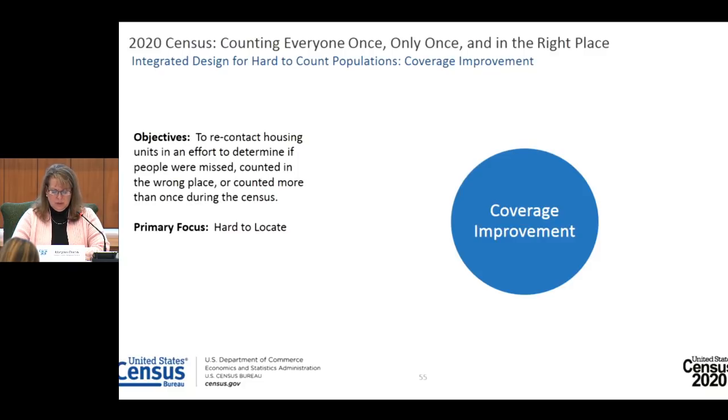The goal of coverage improvement is to resolve potential coverage issues, whether that is because someone has been missed and should be included in the count, or whether someone is included and should be removed from the count because they were counted more than once or should be counted in a different location. We consider the coverage improvement cases hard to locate from a hard-to-count framework perspective, not from a missing address perspective as we do with the frame, but from the perspective of being a person and knowing where that person should be counted.